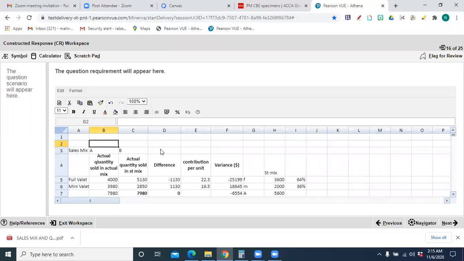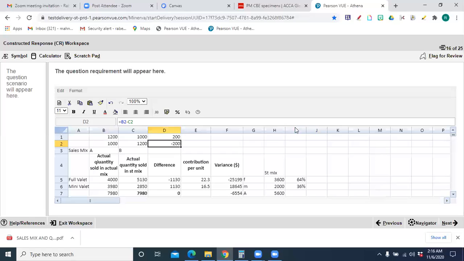Because if I put budget first, say budget was 1,000 and actual was 1,200, taking the difference would give me a negative figure. But instead, I put actual first because it's favorable. Actual is more and budget was less, so the volume variance should be favorable in this case.